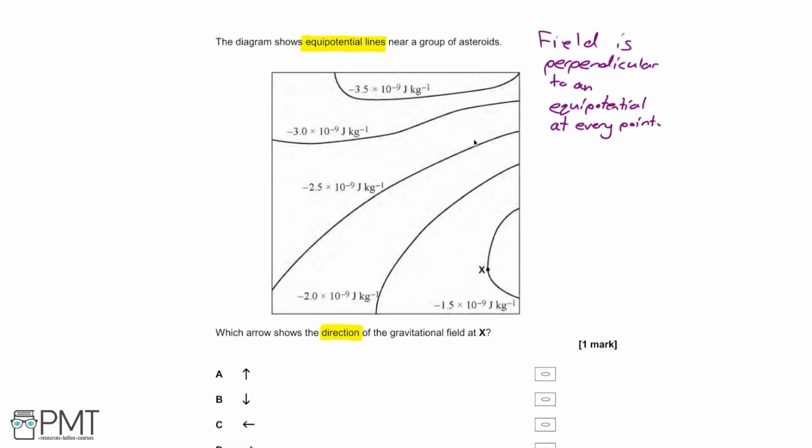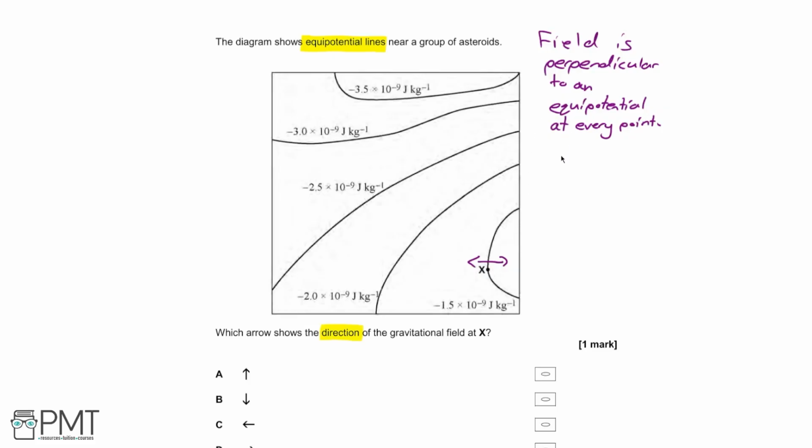The equipotentials represent directions along which the potential energy is not changing, because the field can do no work along these lines, as otherwise the potential energy would be changing. So the direction in which the potential energy changes the most is perpendicular to the direction in which it does not change at all. Specifically, at X, if I want to change the potential energy the most, I need to move perpendicular to this equipotential. So that's our first fact.